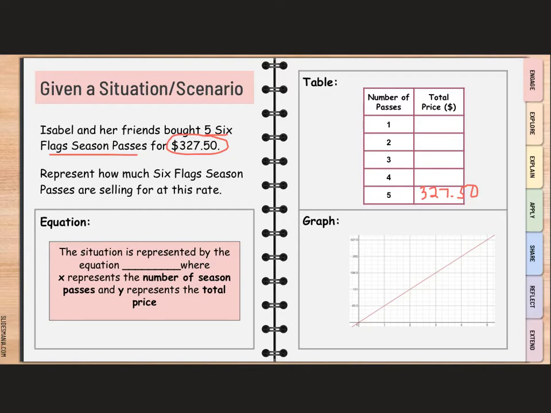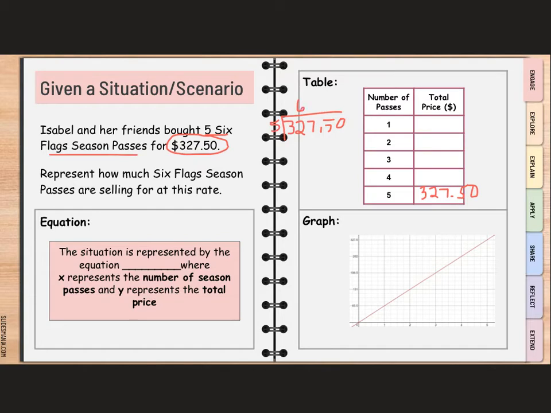$327.50. Well, in yesterday's lesson, we talked about finding that unit rate, right? So let's see how much just one pass would have cost me. I'm going to divide $327.50 by 5.